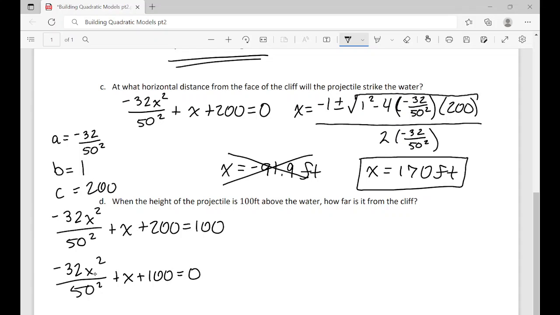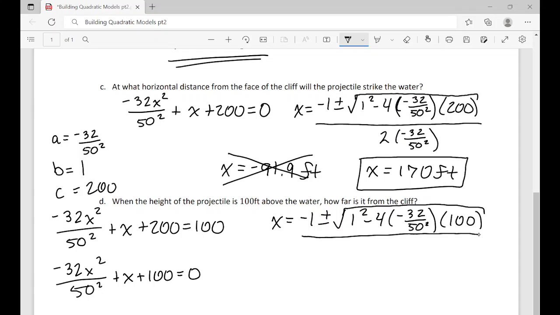We still have a and b being the same, but c this time is 100. So again, putting into our quadratic formula, x equals negative 1 plus or minus the square root of 1 squared minus 4 times negative 32 over 50 squared times 100, all divided by 2 times negative 32 over 50 squared.